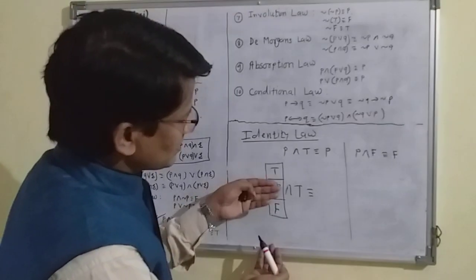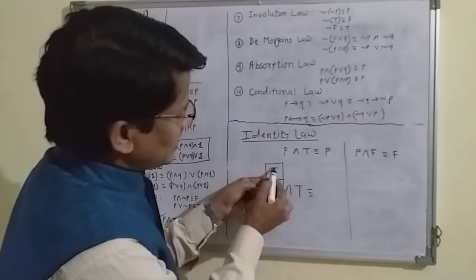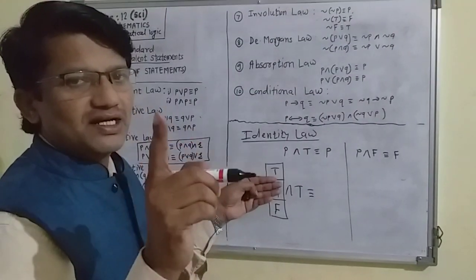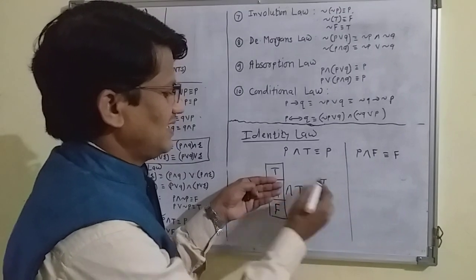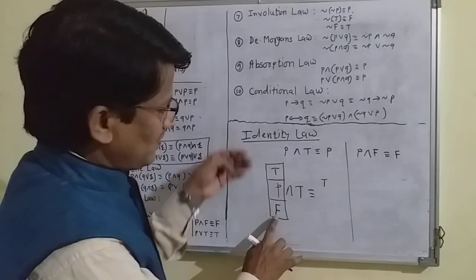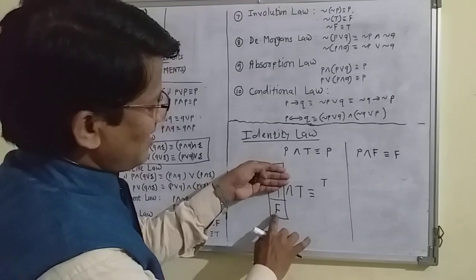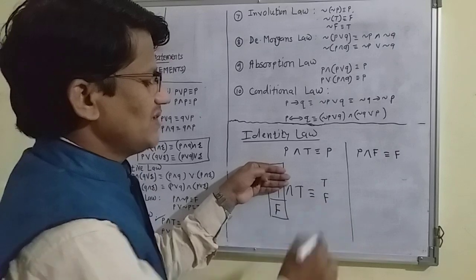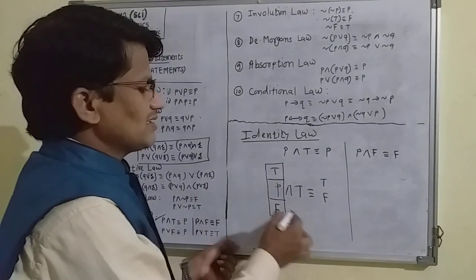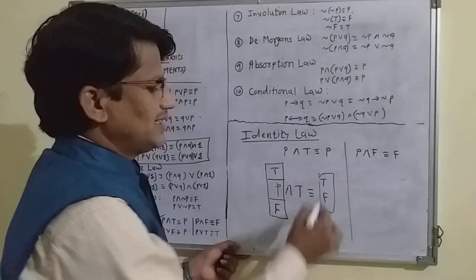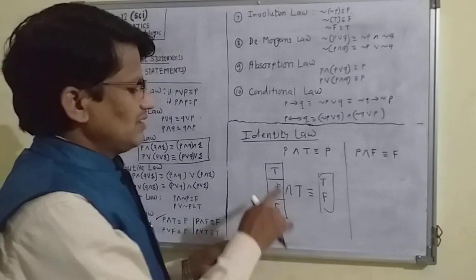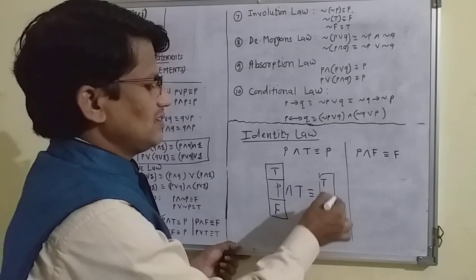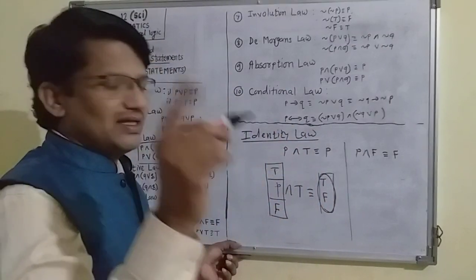Instead of this, I am keeping it like this. T and T. What is our rule? T and T is a conjunction. T and T, result is T. Now let us take F and T. F and T, result is F. Means the result gives both possibilities, T as well as F. T, result is T. F, result is F. Both possibilities are here.